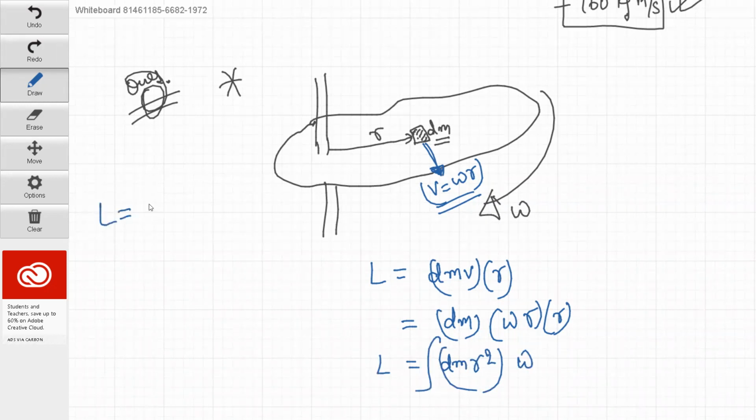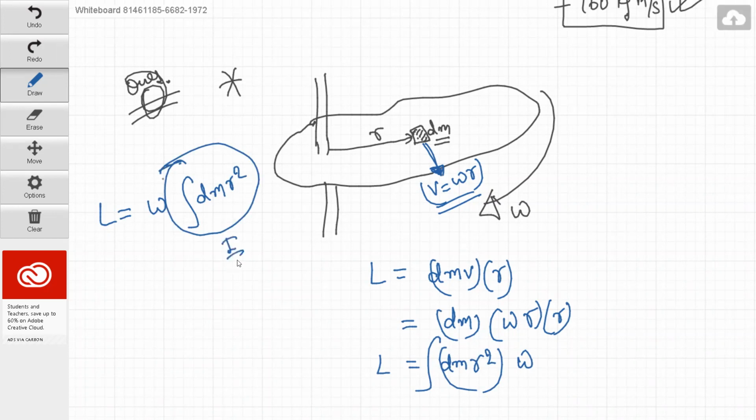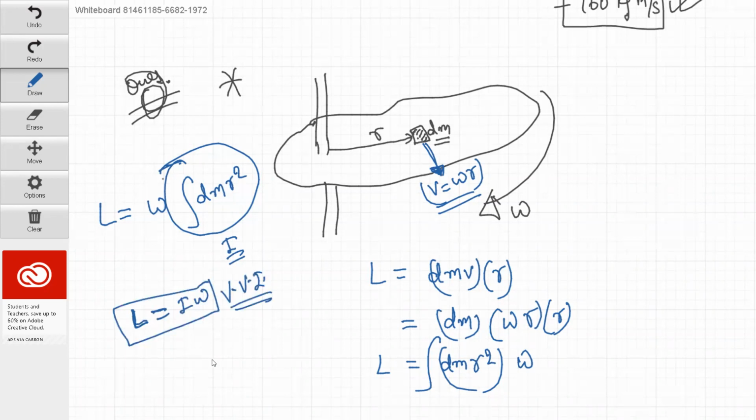Omega is constant, so it is out of the integration: integral dm r square. If you remember, dear student, this term is the moment of inertia itself. So angular momentum L of a rotating object will be equal to I into omega. This is a very, very important formula and an important derivation. Copy it.